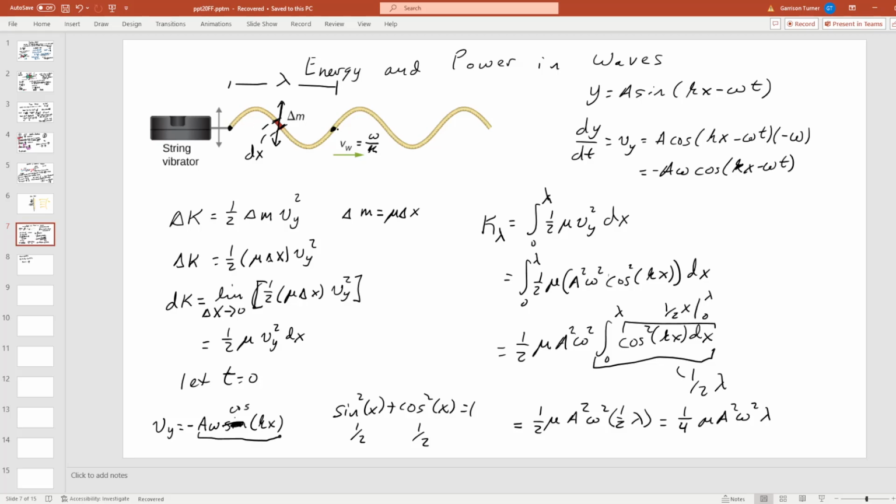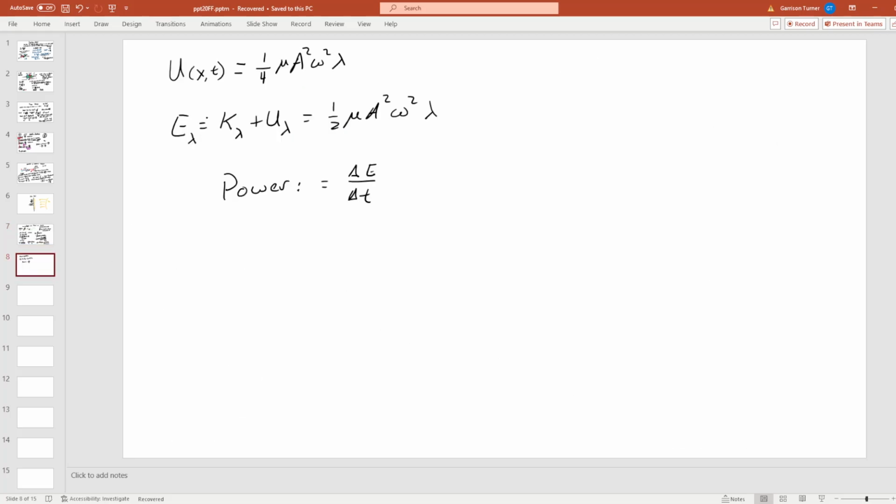Over one period in time, the rope will come back to this identical shape one period later, and it will have this total amount of kinetic energy associated with it, and this amount of total potential energy. So over that cycle, it will have this amount of total energy associated with it.